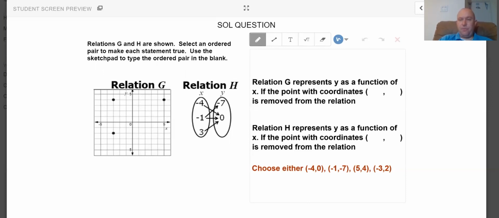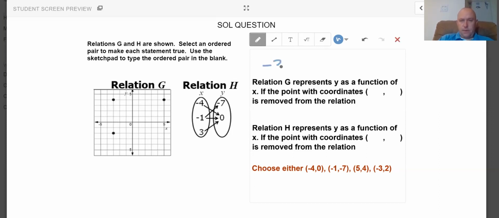Okay, so relation G represents y as a function of x. If the point with coordinate something is removed from the relation, then it would be a function. So let's have a look. Right now, this is not a function because these 2 points are directly above each other. So this one is -3, 1, 2, 3, 4, -3, 4.